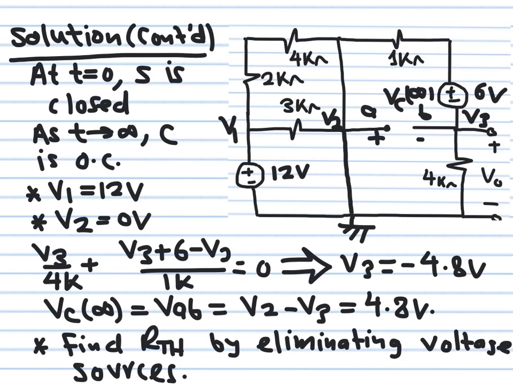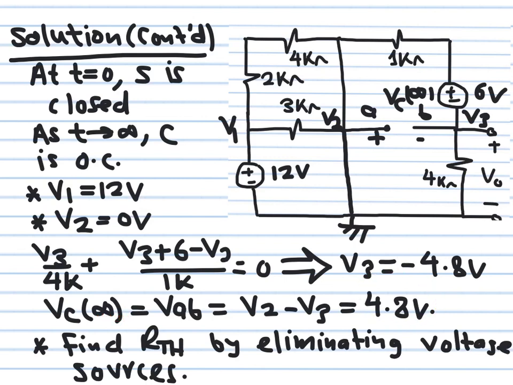You solve it, you get V3 equal to minus 4.8 volts. Okay, so my target is to get VAB, which is VC at infinity, and in that case, it is V2 minus V3, which is 0 minus V3. So it is 0 minus minus 4.8, so you get that VC at infinity is equal to 4.8 volts.